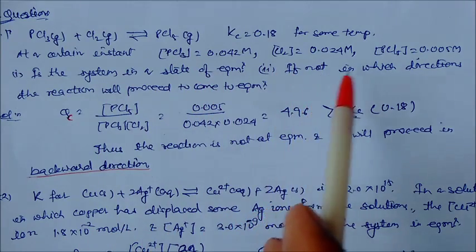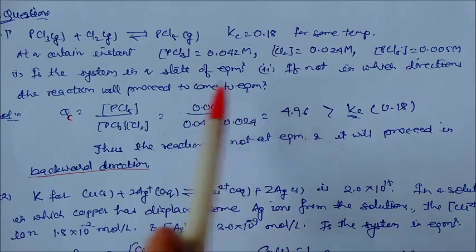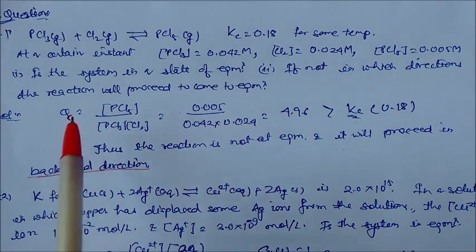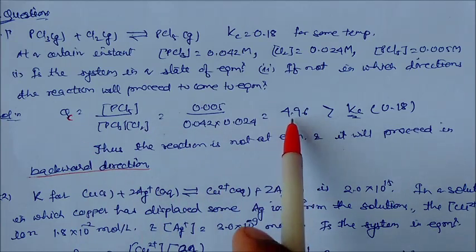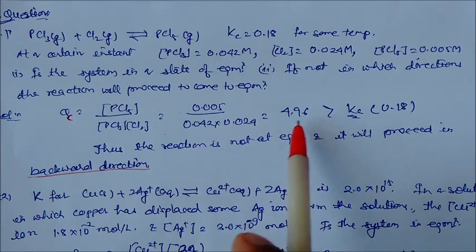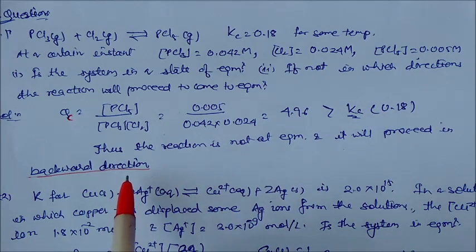Second, if not, in which direction will the reaction proceed to come to equilibrium? First we have to find QC. QC is product divided by reactant, and on solving you get 4.96. Kc is 0.18, so QC is much greater. So definitely the reaction is not at equilibrium, and it will proceed in the backward direction.